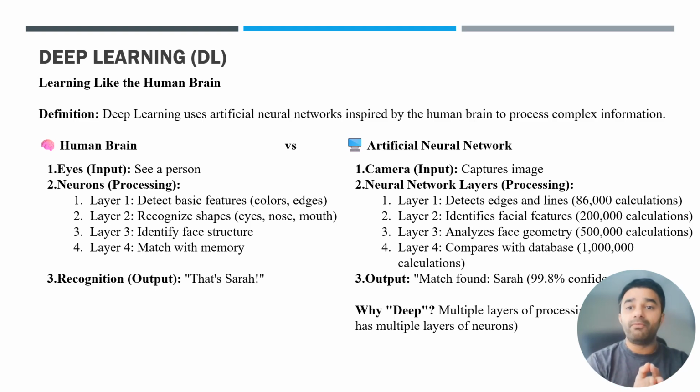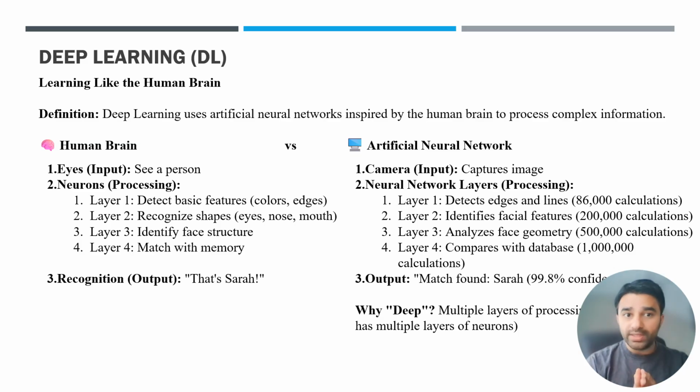It might perform 1 million calculations to find the best match, and the output: match found, Sarah, 99.8% confidence. Do you see the similarity? Both your brain and the artificial neural network process the information through multiple layers, with each layer understanding increasingly complex features. This is why it's called deep learning.